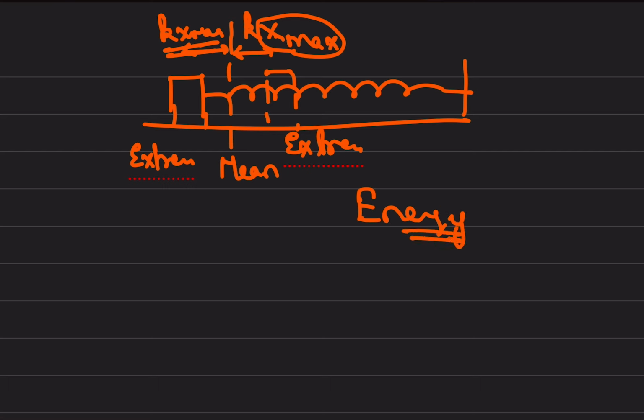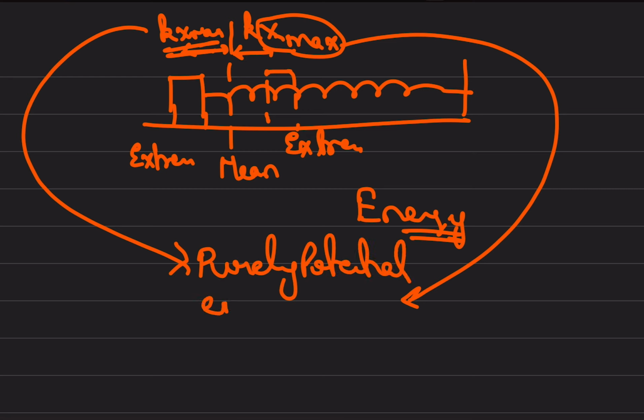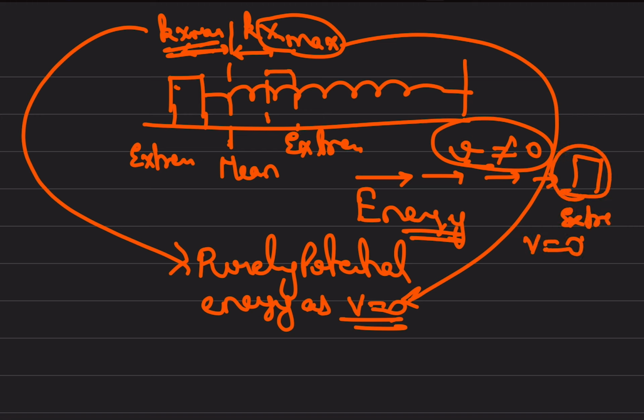As we can see, when this is kx max and this is kx max, the block has purely potential energy, as velocity is equal to 0 and the block is not moving. When it is at the mean position, it will be moving towards this extreme point, so its velocity v is not equal to 0, but as it reaches the extreme point, its velocity will be equal to 0.